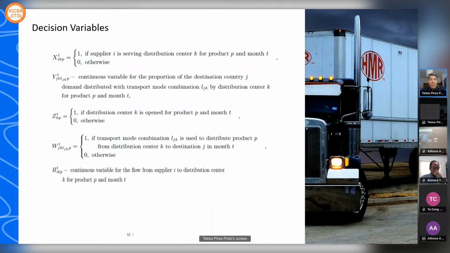Z tells whether a distribution center is operational for a particular product, for a particular commodity in a given month. And we also include a variable for whether a particular transport mode is being used to move a product from a distribution center to a given destination. Lastly, H deals with the amount of commodities, of products, that is being sent from each supplier to each distribution center.